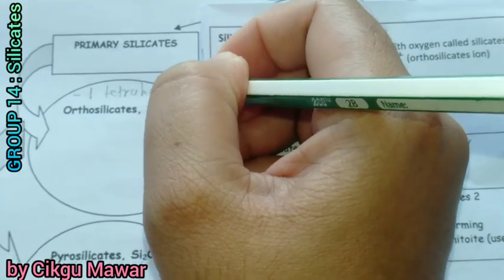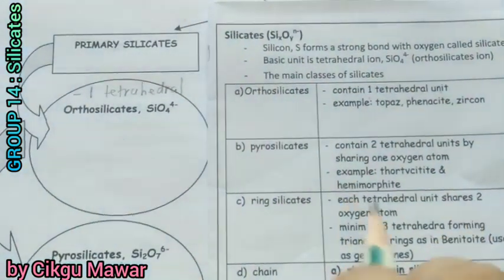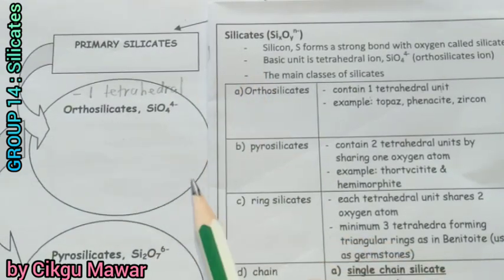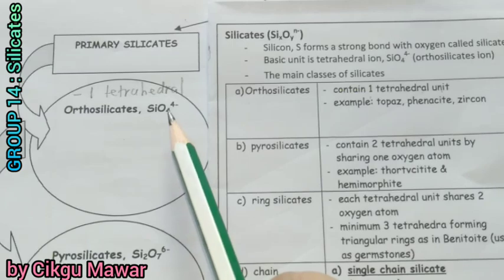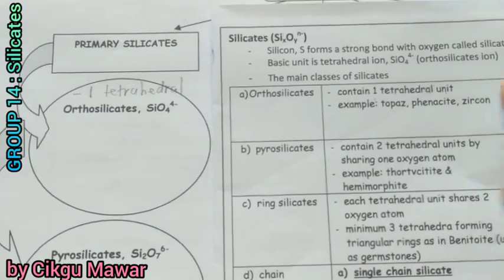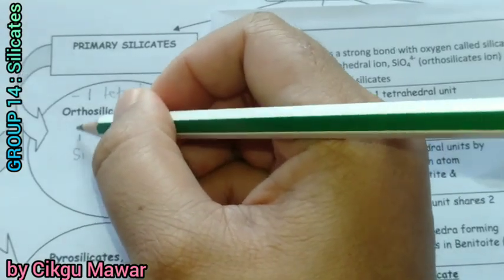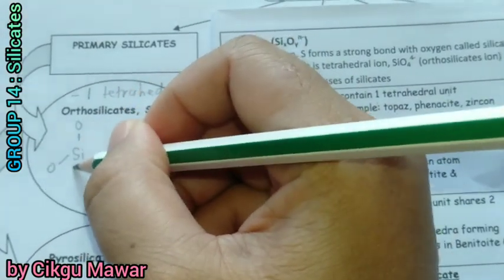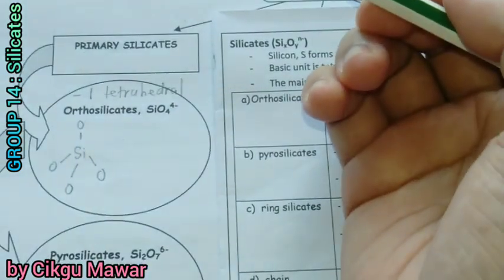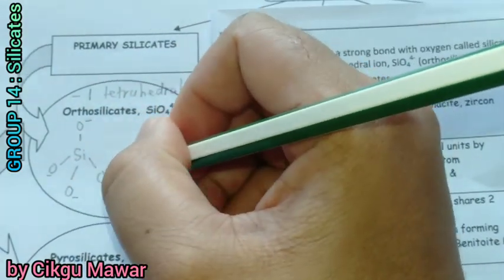To draw the silicate diagram, you can draw it in a 3D structure or a 2D structure. Let me draw. This is in tetrahedral shape, which we draw in 3D view, and it has 4 oxygen ions.